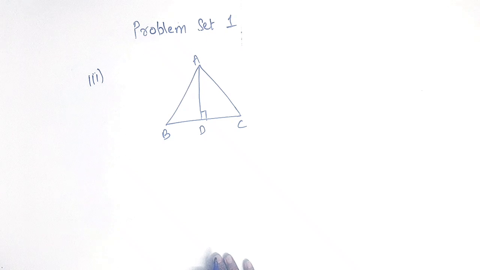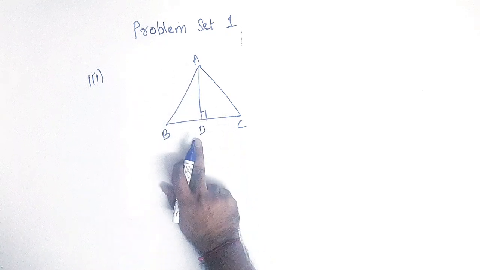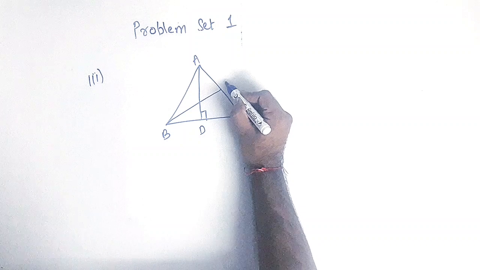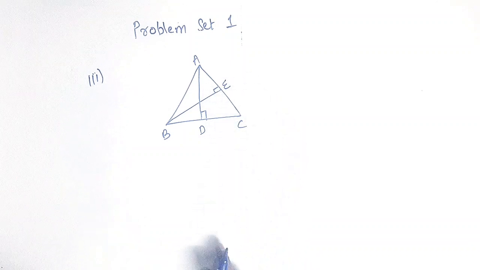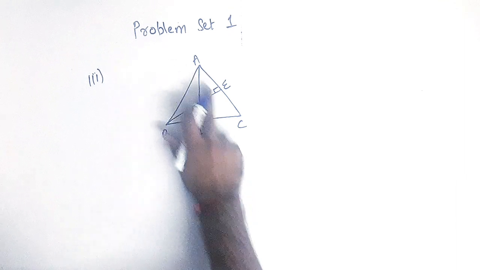So AD is perpendicular to BC. Now, if the altitudes are drawn on two sides of a triangle, this is drawn on one side, so let us draw on the other side. Let us say BE is perpendicular to AC. Then those two sides are congruent, those two sides meaning BC and AC.